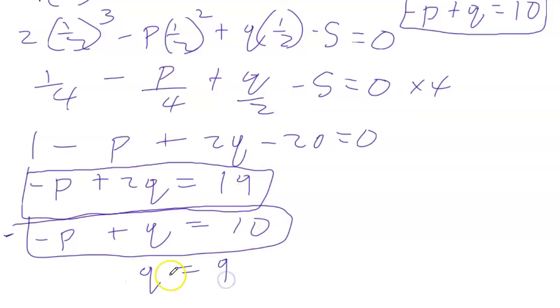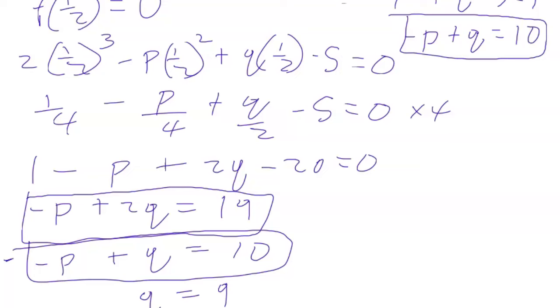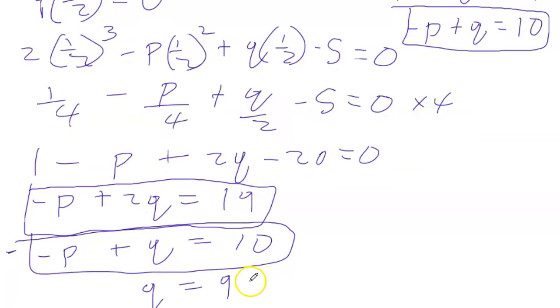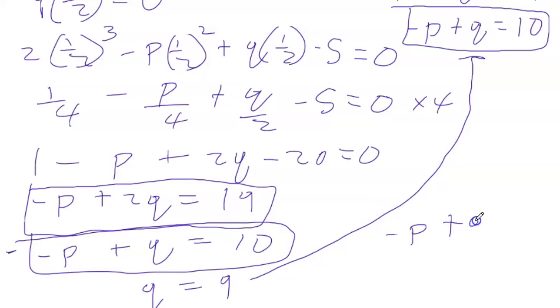So q is 9. And then to get the value of p, we can simply plug it into the other equation. So if I substitute it into this, what I'll have is negative p, replace q with 9, so plus 9 equal to 10.